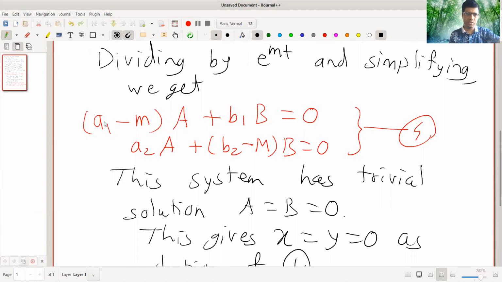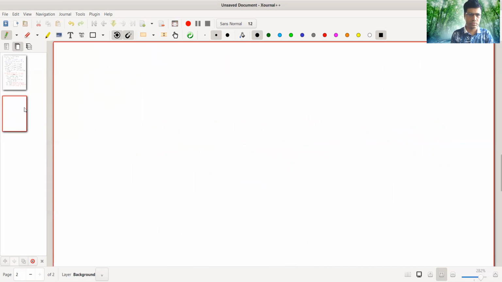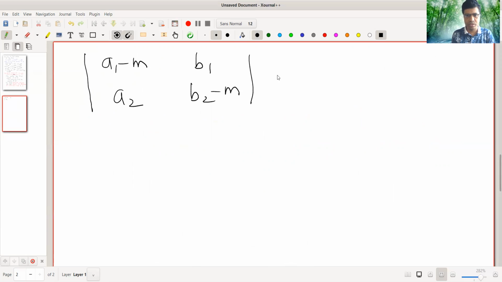The determinant of coefficients is that matrix: A1 minus M, B1, A2, B2 minus M. Okay, so this M should be small letter. So we must have the determinant of A1 minus M, B1, A2, B2 minus M equal to 0.